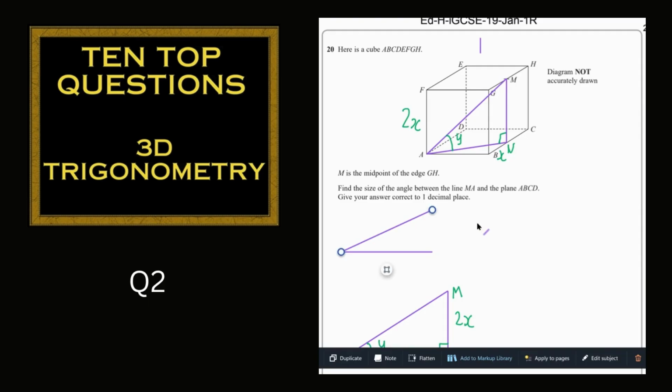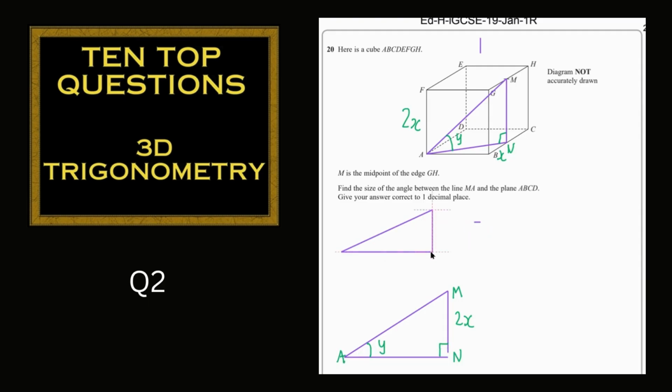If you look at this cube from the plan view, the perspective of straight above, you'll see that going from A to B, that's 2x. Going from B to N, that's x. It is possible to work out this side A to N. On the first triangle, it's the hypotenuse.